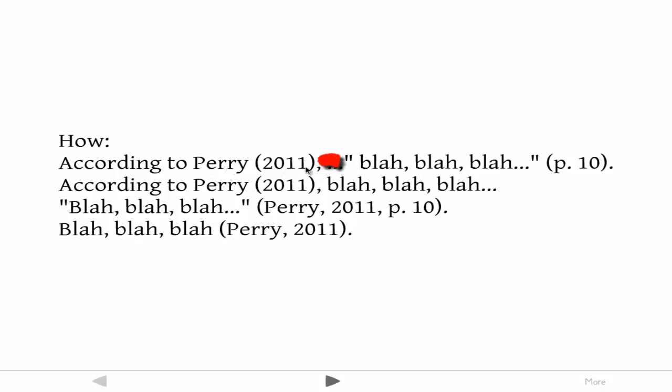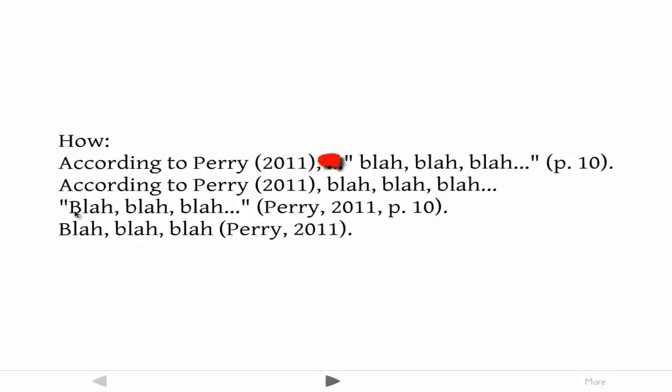So you would provide your direct quote here and then finish with the page number, or in the case of a website that does not have a page number, you would abbreviate paragraph, P-A-R-A period, and then provide the number of the paragraph where you can find the direct quote. Second example here is similar, but instead of a direct quote, you are now paraphrasing.